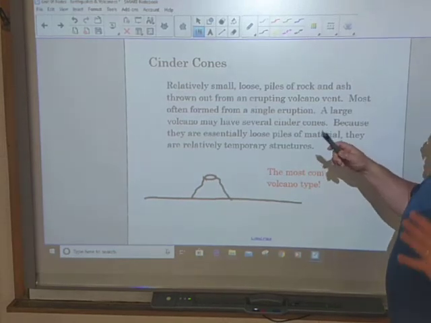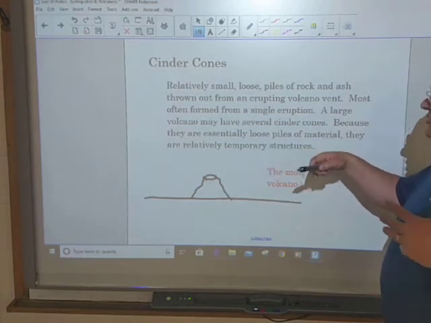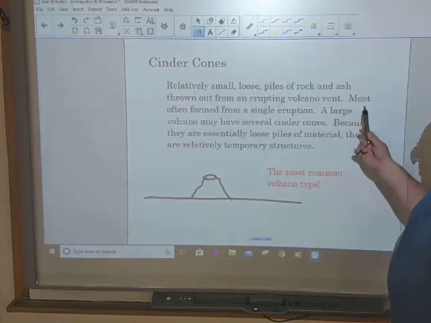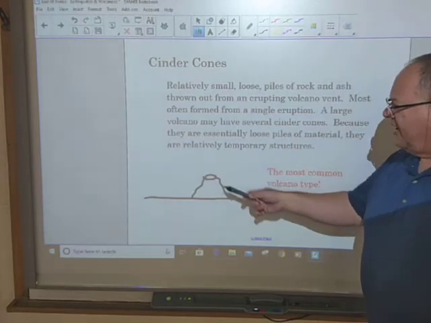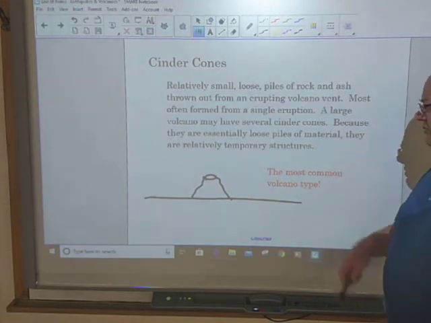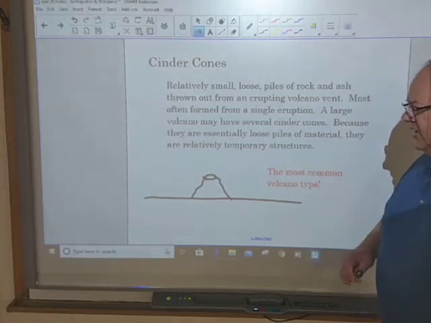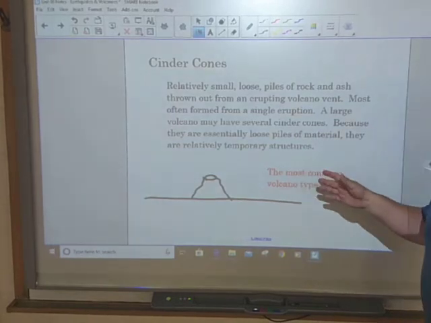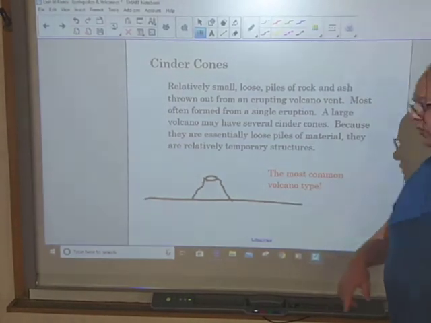So these are relatively small, loose piles, relatively temporary. So an eruption happened, you have this pile, and later on it may move around. It may get erased from the landscape again. These are the most common things that people would see, these little cones.